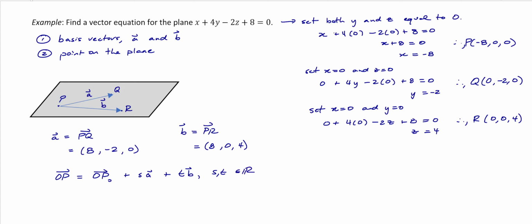Looks like I have A, looks like I have B, and looks like I also have a point on the plane right here, negative 8, 0, 0. So there we go. I've got my vector equation of the plane, which is negative 8, 0, 0 plus s times 8, negative 2, 0 plus t times 8, 0, 4, where s and t are elements of all real numbers, and there's my vector equation of the plane.